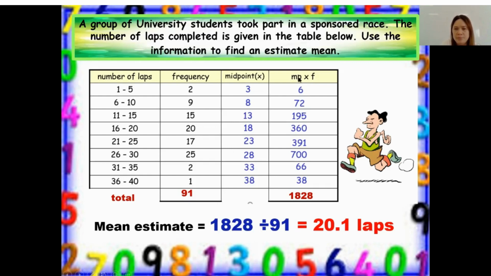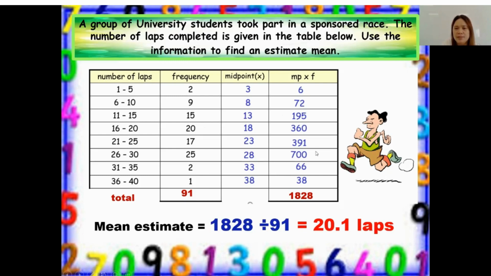Then after we get the midpoint, we multiply it by the frequency. So 2 times 3 is 6, 9 times 8 is 72, 15 times 13 is 195, 20 times 18 is 360, and 17 times 23 is 391. 25 times 28, that's 700. 2 times 33, of course, is 66, and 1 times 38 is 38.